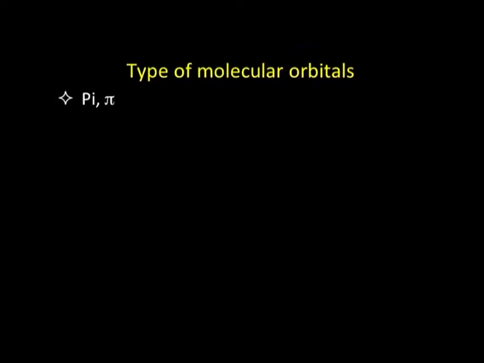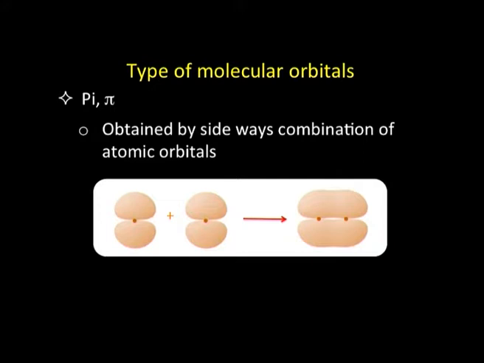The second possibility is that we can have pi molecular orbitals. Pi molecular orbitals are obtained by sideways combination of atomic orbitals. It may happen, as we will come to later, that the 2py orbital of atom 1 and the 2py of atom 2 combine together.